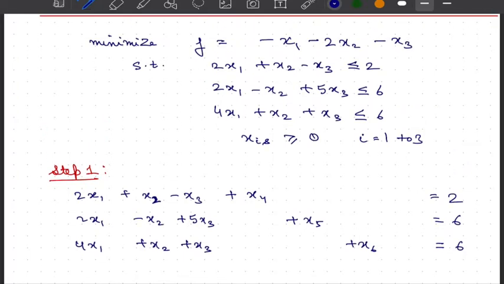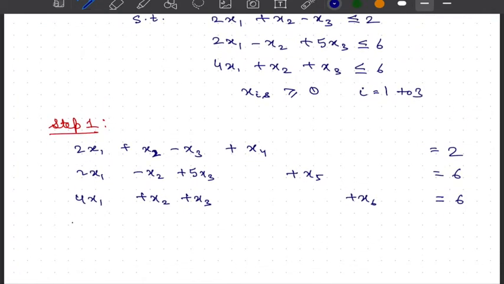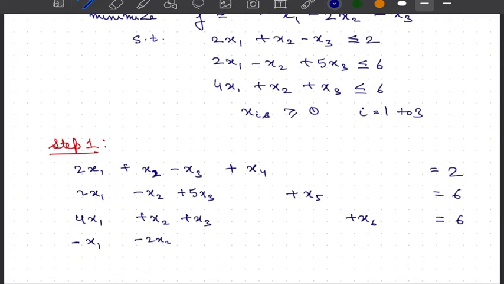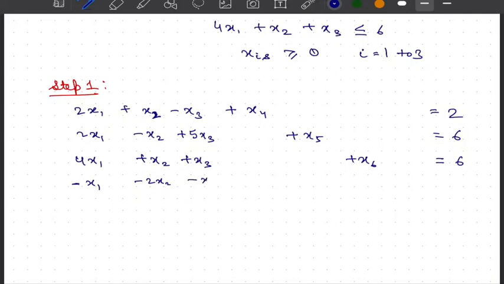We will also write our objective function here, minus x1 minus 2x2 minus x3 minus f equal to 0, because f is equal to minus x1 minus 2x2 minus x3.